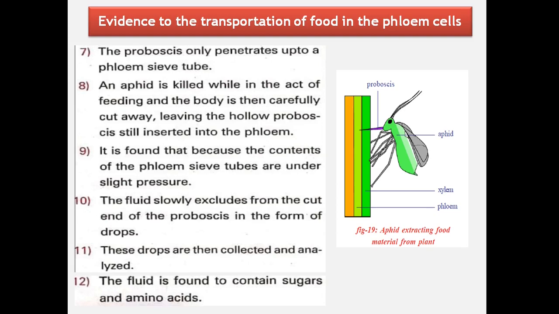Due to the slight pressure in the phloem sieve tubes, the fluid slowly comes out from the cut end of the proboscis in the form of drops. These drops are then collected and analyzed and found to contain sugar and amino acids.